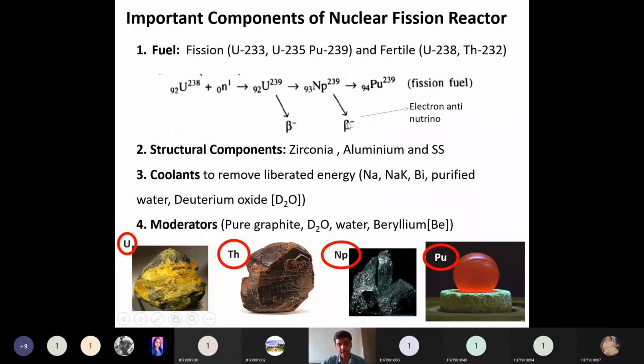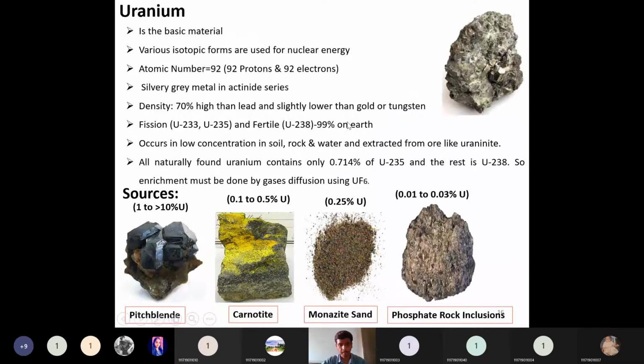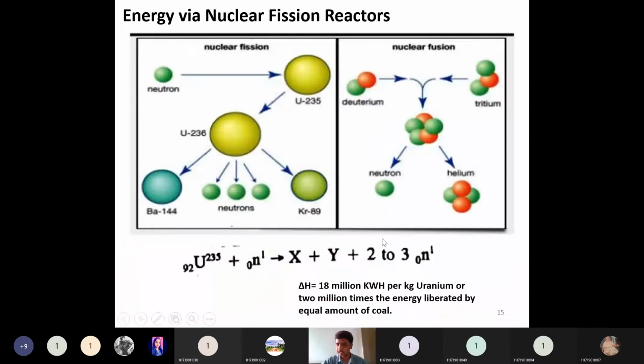If you see in the nuclear reaction, in this reaction, 2 to 3 neutrons are formed in every cycle of the nuclear reaction. If the reactor construction material has neutron absorption capacity, what happens? These neutrons are unnecessarily wasted by being absorbed into the reactor material.